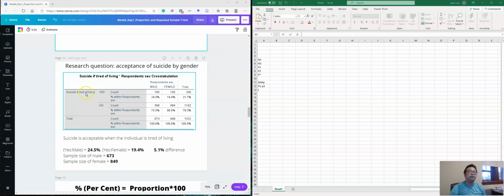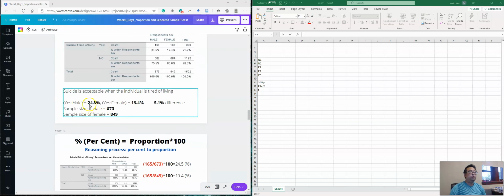In that case, the male answered yes around 24.5%, compared with 19.4% of the female. So the proportion of answering yes indicates the acceptance level of suicide for people who are tired of living. 24.5% and 19.4%, so we can see a 5.1% difference here.